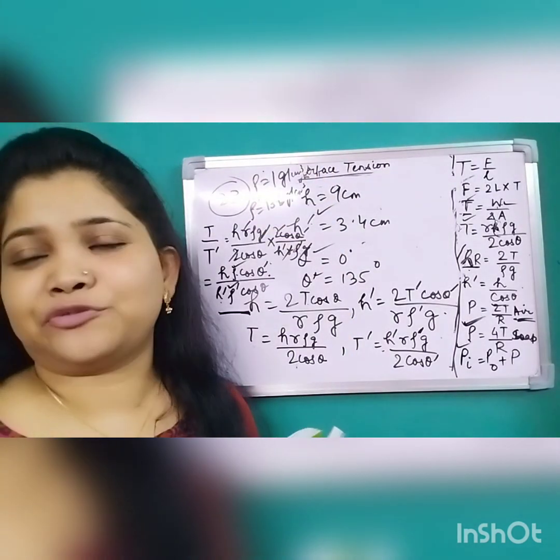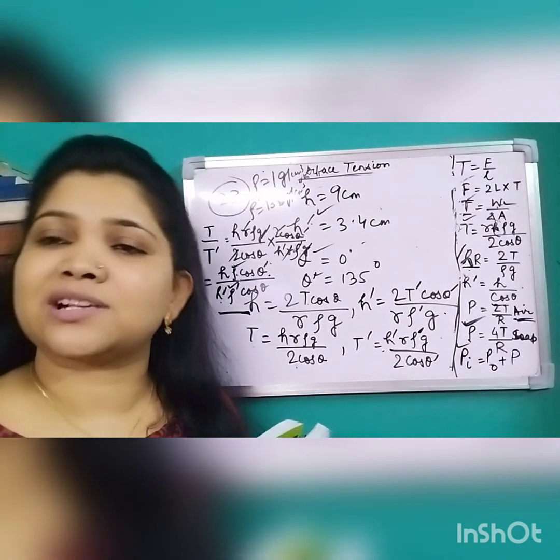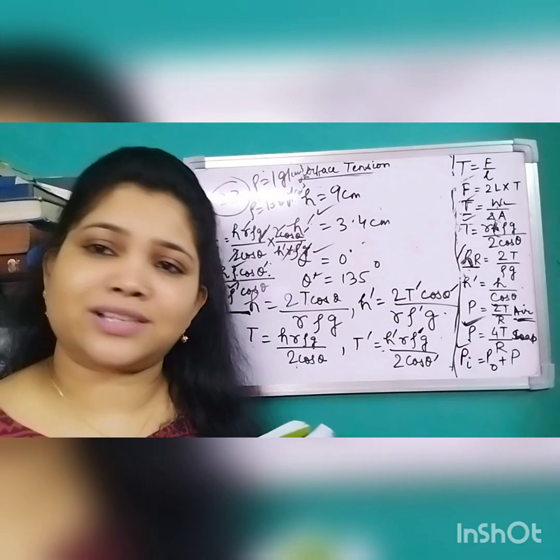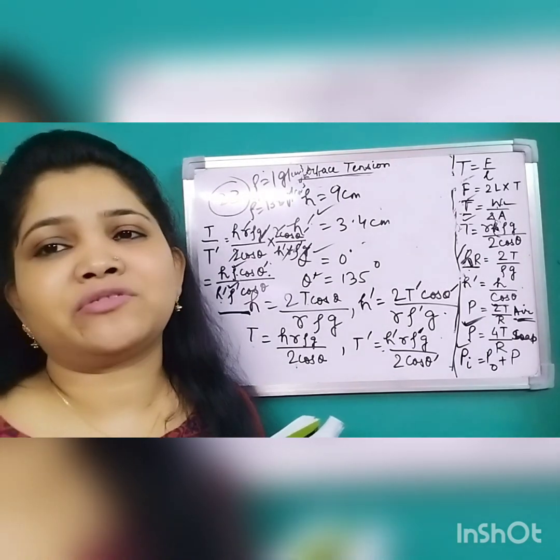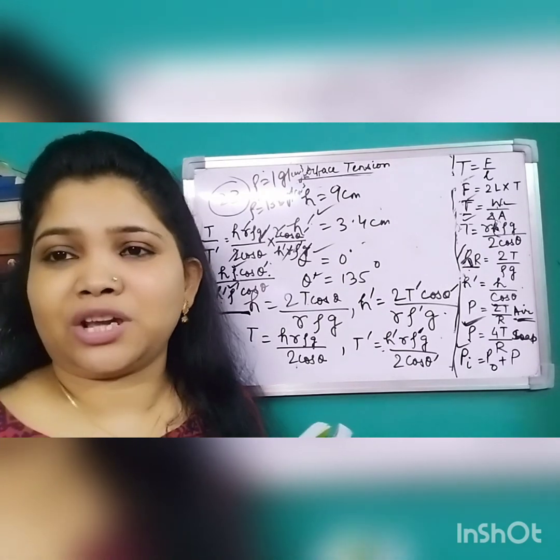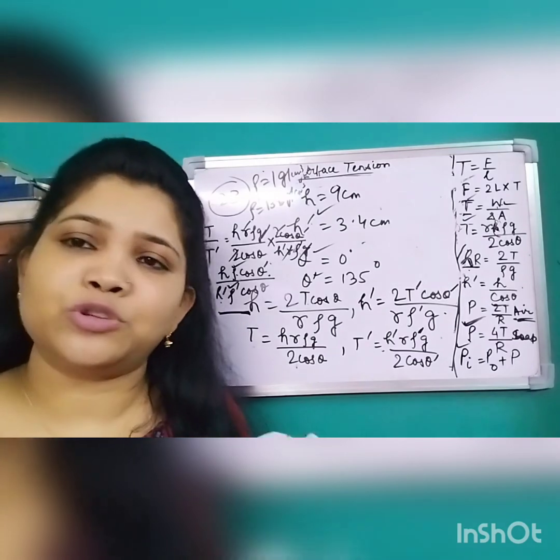Theta obviously doesn't depend on the CGS or SI unit. So you can do the sum in both ways. You can convert into SI unit, or if you want, into CGS unit, because here we are not finding a quantity, we are finding the ratio. So it's up to you, whichever you convert.